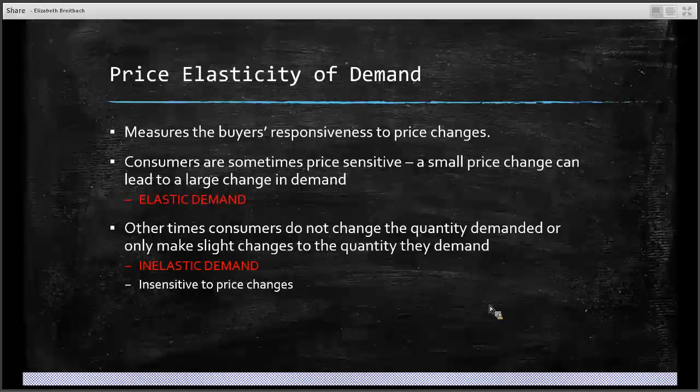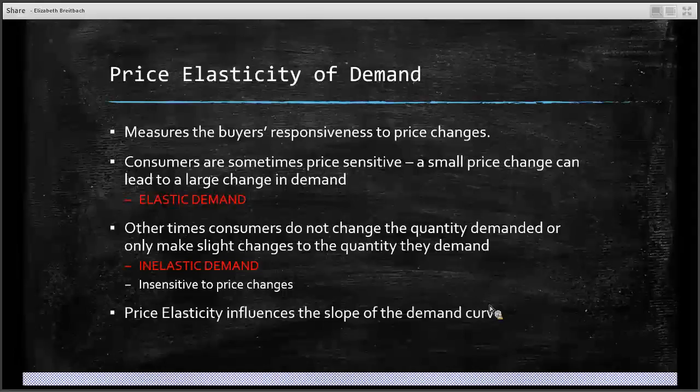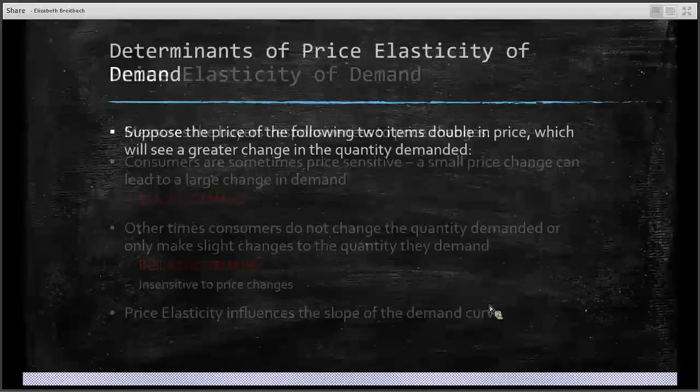Or if the price increases, it's not that they just stop buying the product. So with inelastic demand, we're thinking about a lack of response when prices change. All right, so price elasticity is going to influence the slope of the demand curve. And let's talk exactly how that's going to be the case by looking first at the extremes.